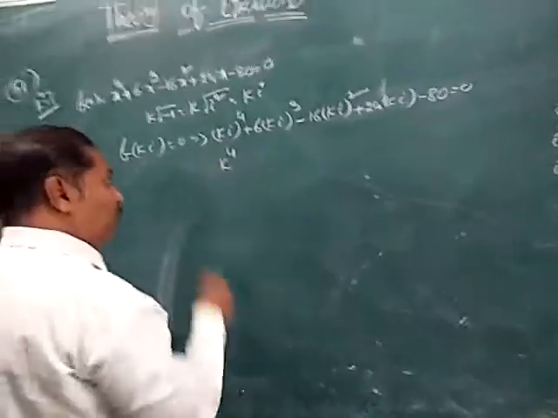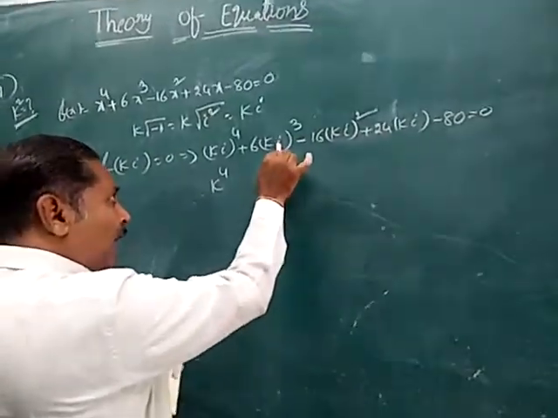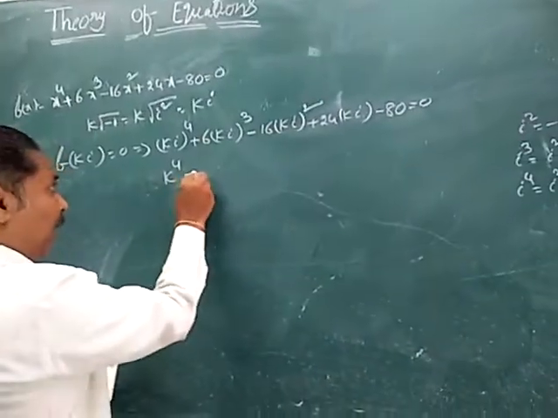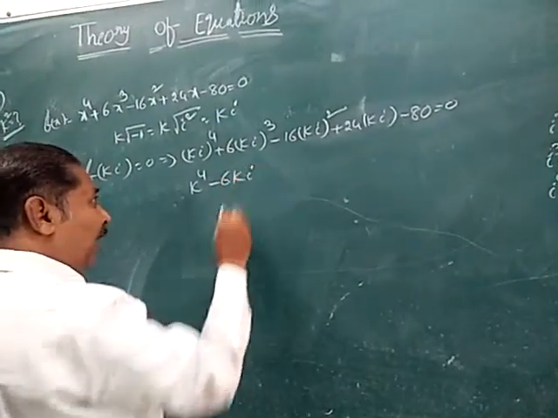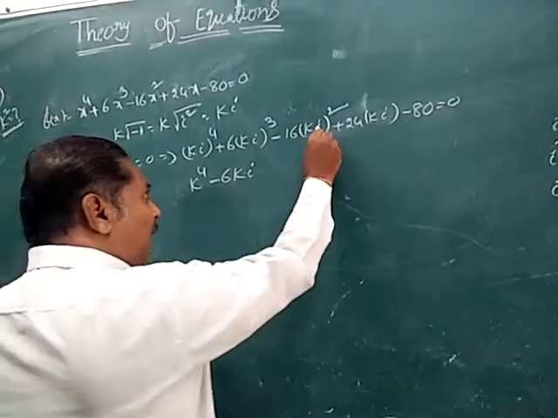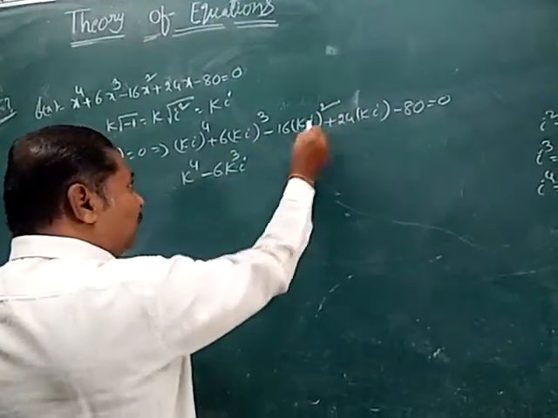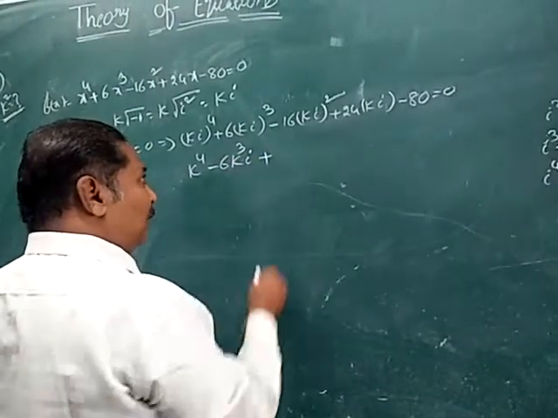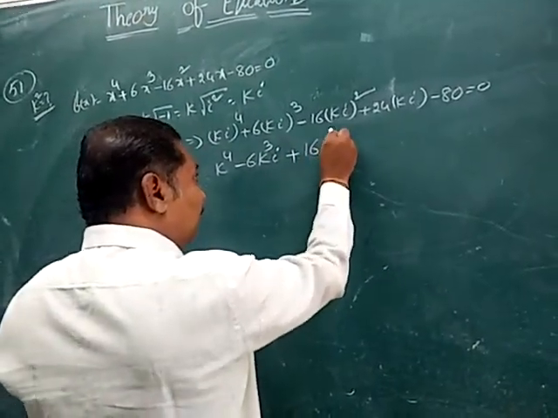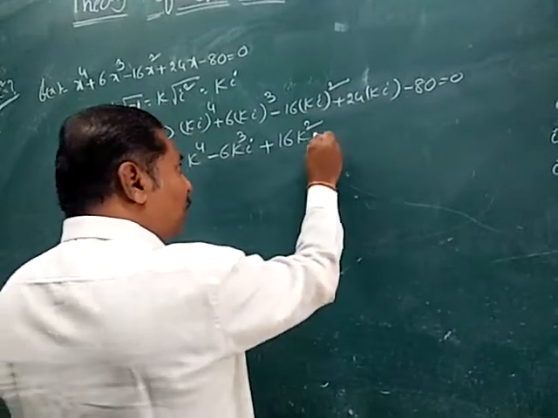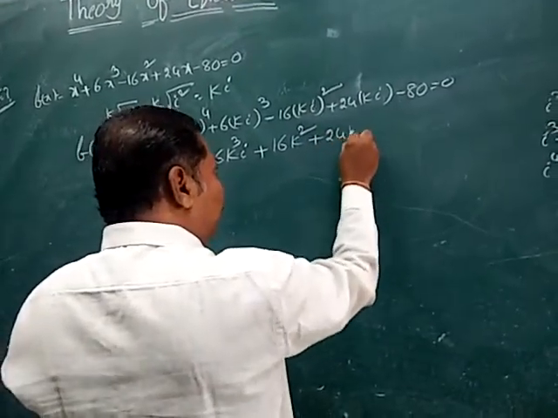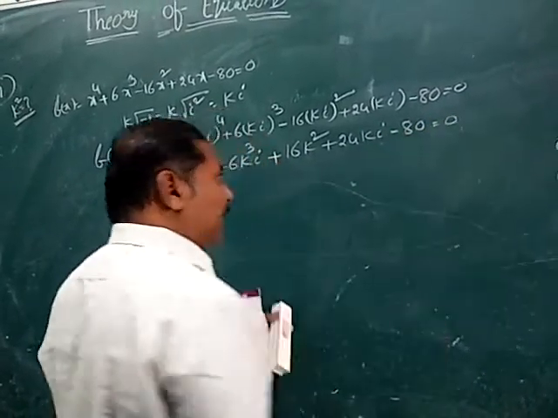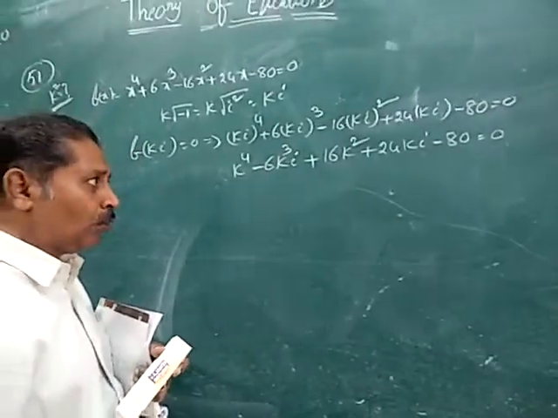So k power 4, i cube value minus i, minus 6k^3 i. i square value minus 1, minus into minus plus, 16k square, plus 24ki minus 80 equals 0.